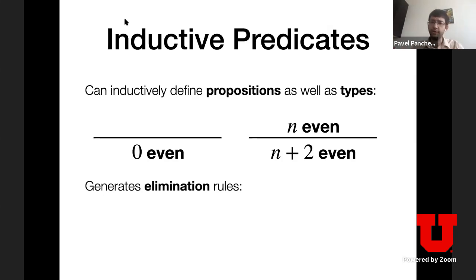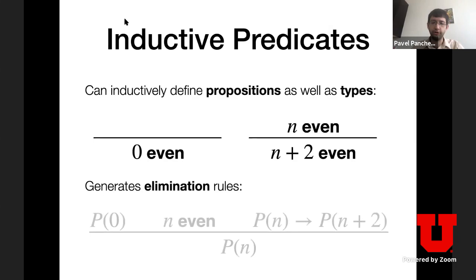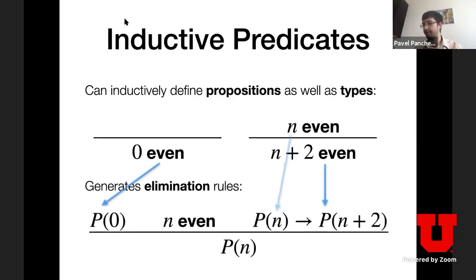We went over how you do this last time, but basically for each constructor, you have a different one of these arguments on the left and the right. So for the 0 constructor, you have this p of 0. For the n+2 constructor, you have this p of n+2. And then for each of these p of somethings, this n even becomes a p of n implies, and that together pulls together to make this induction principle.